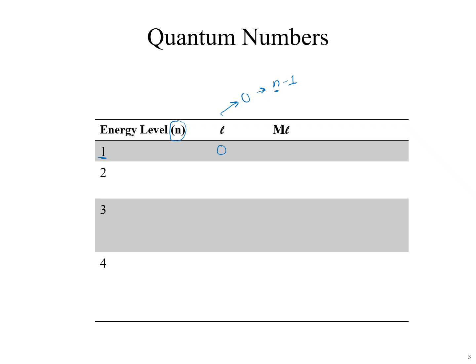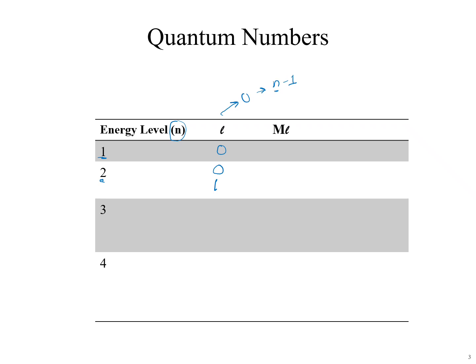So n minus 1 is 2 minus 1, which is equal to 1. So the maximum number you can have for l in this case is 1. So the values of l when the energy level is 2 are 0 and 1.